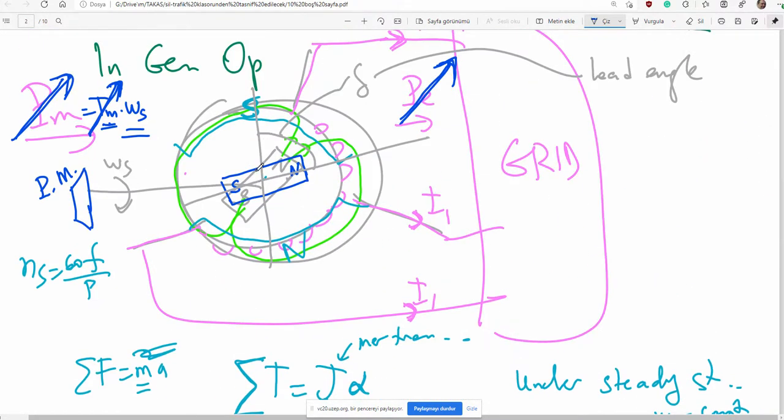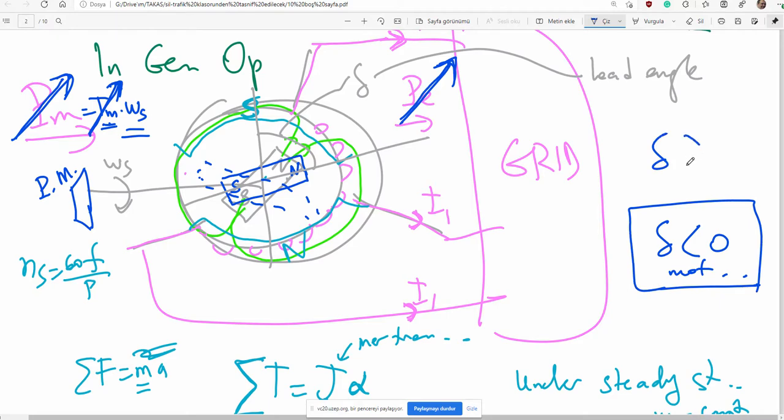Now in motor operation, delta will be lagging: the rotor lags, and delta is negative in motor operation, as you remember from phasor diagrams. Delta will be positive in generator operation. That is called leading delta, and that is lagging delta.